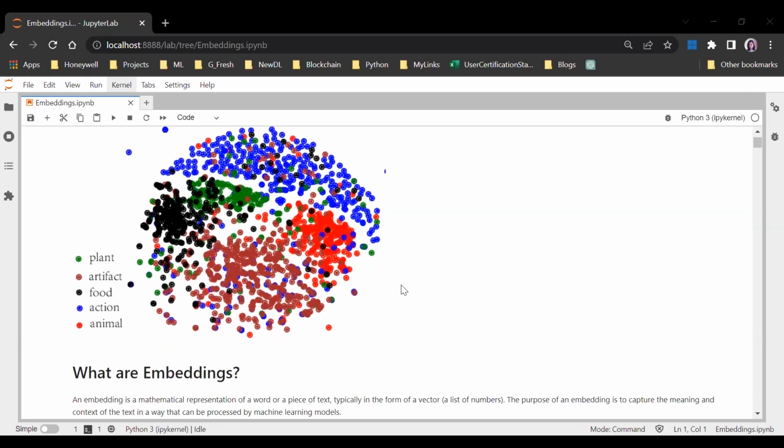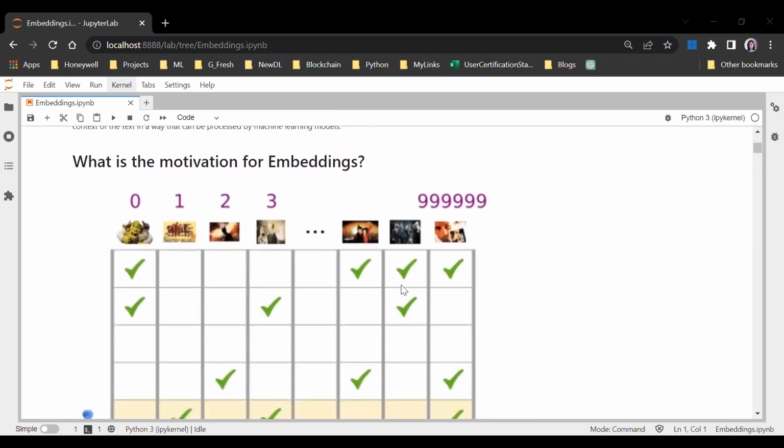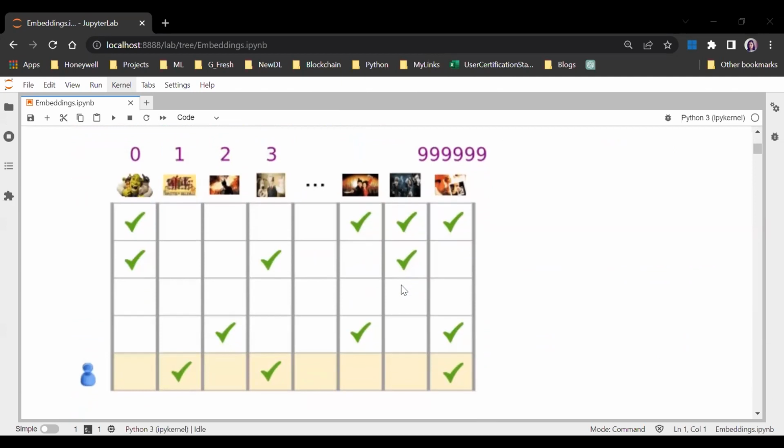The first question that comes to our mind is, why do we even need this embedding? What is the need? We have some very straightforward approaches, the way we process categorical data. Categorical data refers to input features that represent one or more discrete items from a finite set of choices.